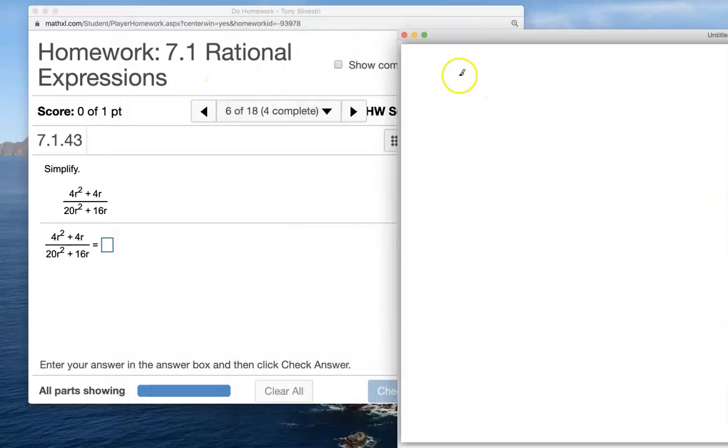Let me do this. 4r squared divided by 20r squared plus 16r. Now, before you start going and thinking about canceling out the r's and the r squares, that's not math.